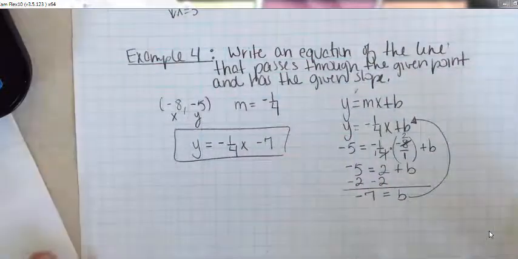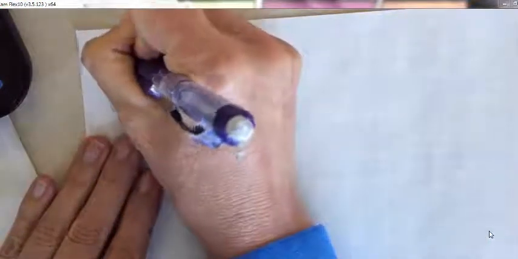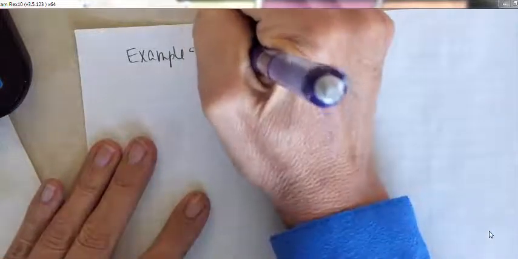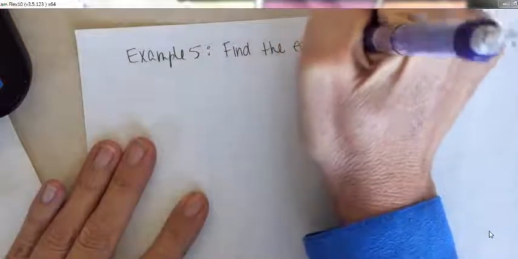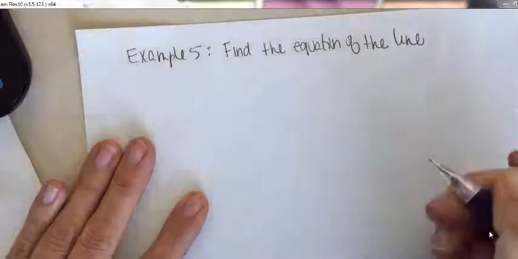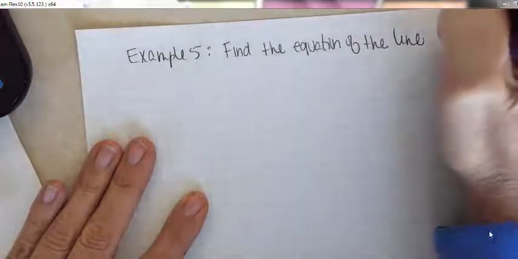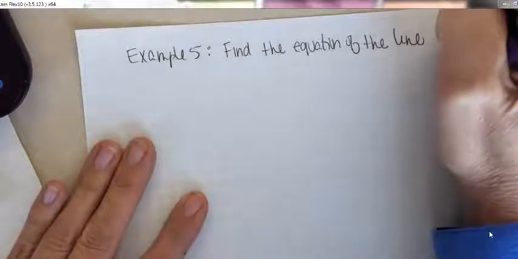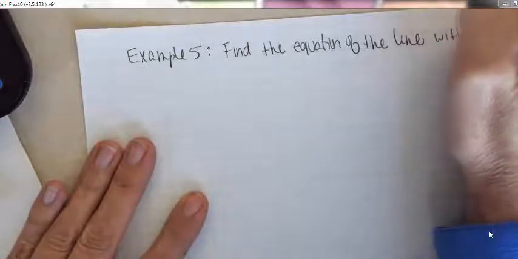Let's do one more example. So example 5. For this one, we're going to find the equation of the line with the following points.